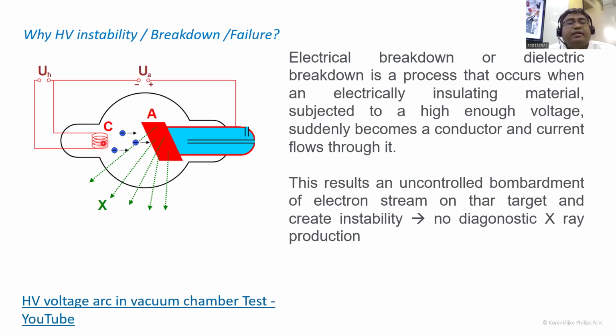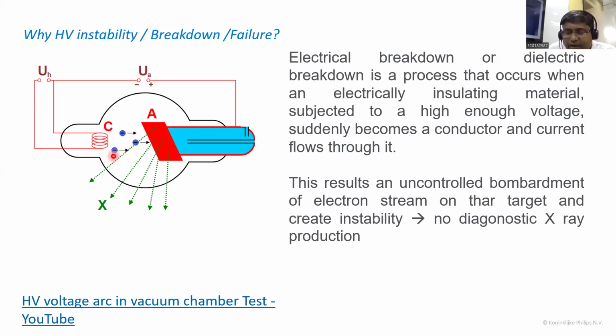As I say, there is a huge potential difference between cathode and anode, and the media between these two should act as an insulator, not as a conductor. The moment it becomes a conductor, there will be an erratic flow of electrons, which we know as an arc.